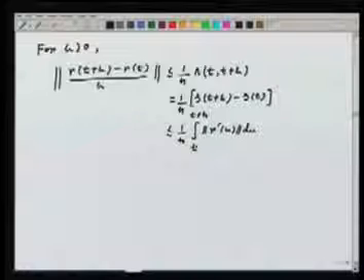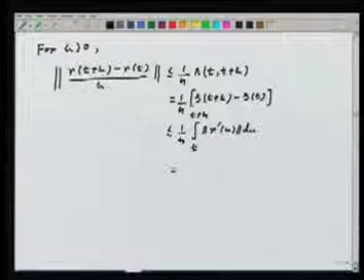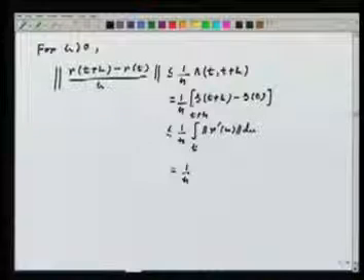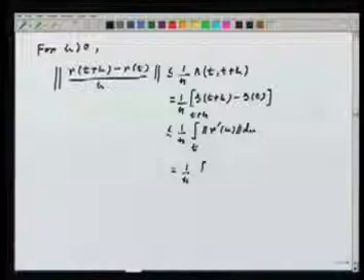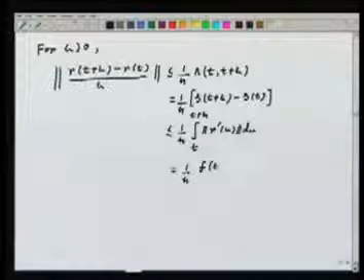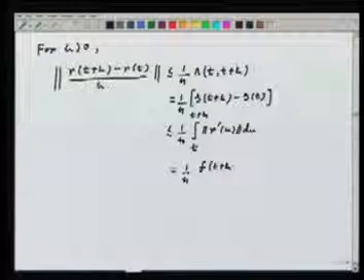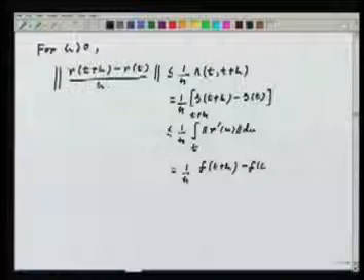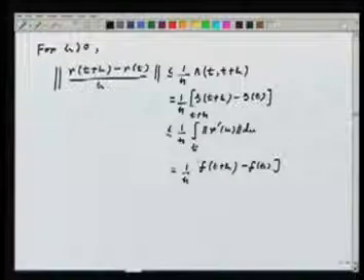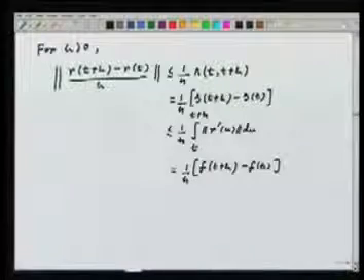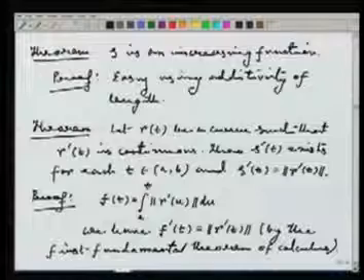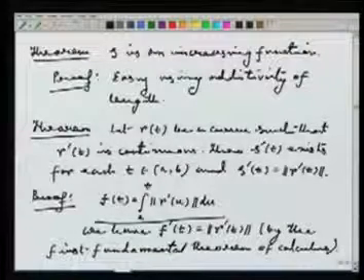Okay, fine. Now this is again by my definition 1 by h times f(t+h) minus f(t). This comes just from the definition of little f. If I go back to the definition of little f, it is given here.